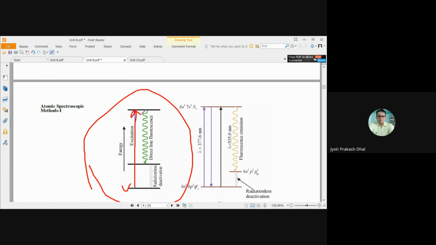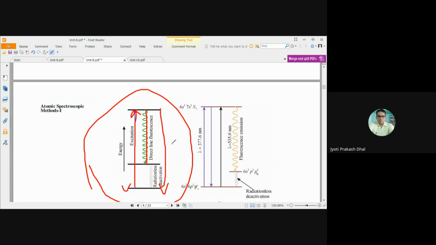From the excited state, it will come back to some intermediate state, not to the ground state, by emitting electromagnetic radiation of a different frequency or different wavelength, because it will not directly come back to the ground state.